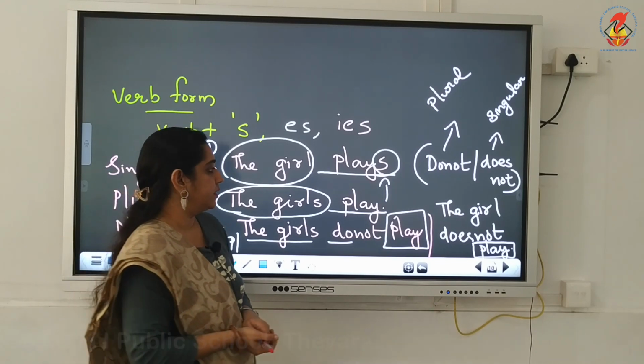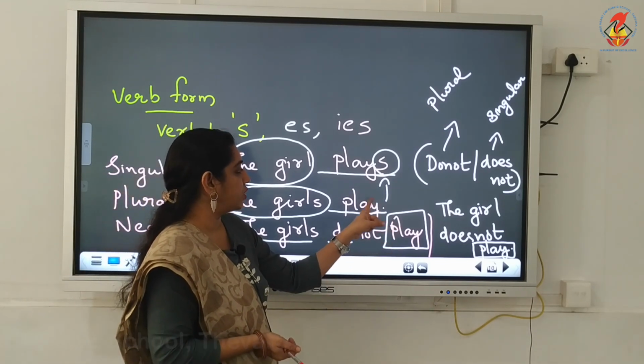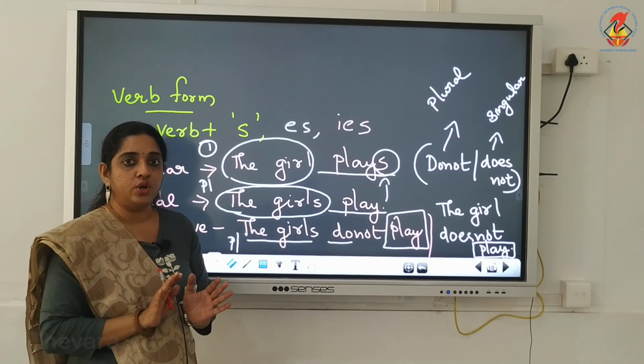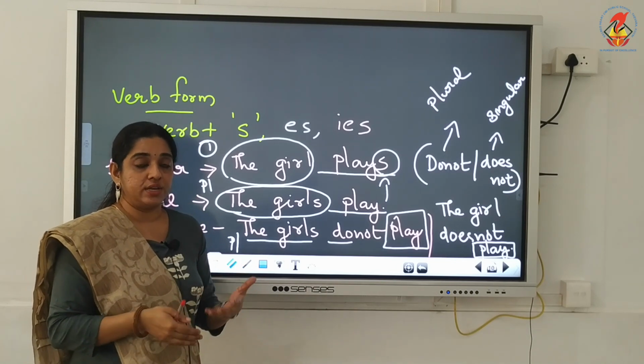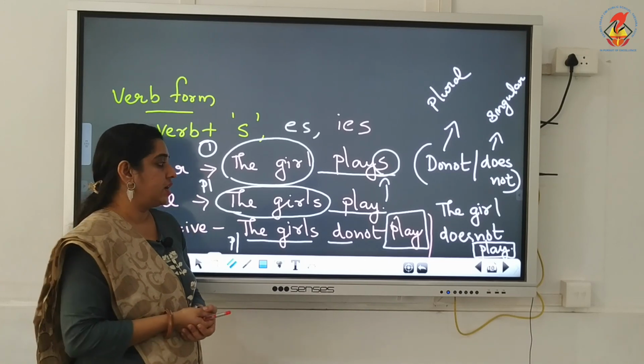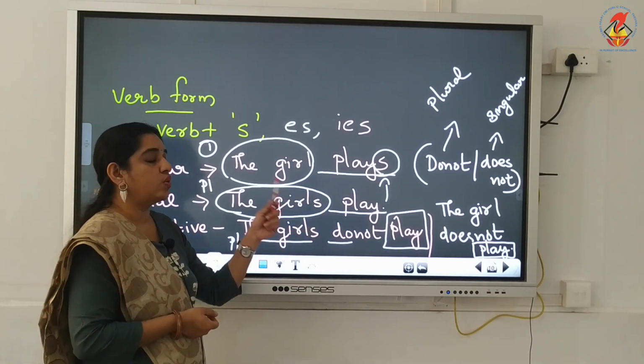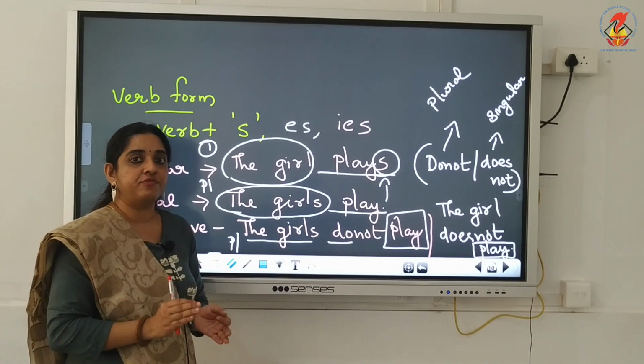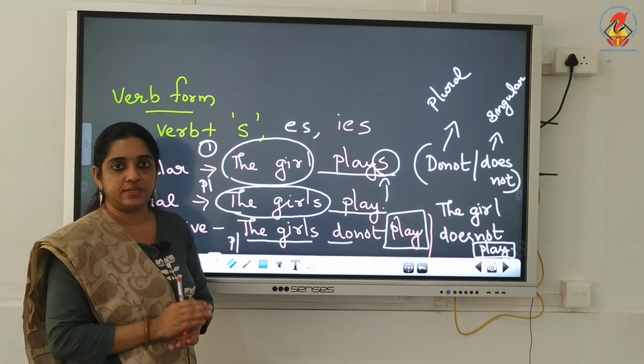Then play. For both I am using the original form of the verb. There is no need of adding S or ES or IES if you are using do and does. For do and does, the original form of the verb is always used.